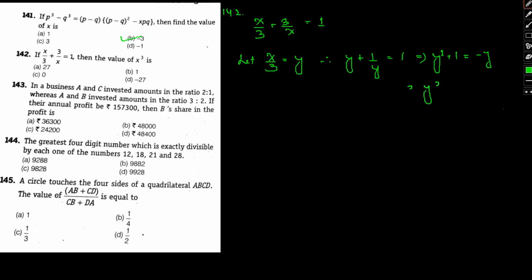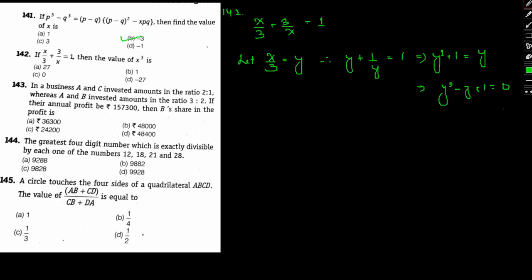Therefore y square plus y... oh no, not minus y, it's plus y only. Therefore y square minus y plus 1 equal to 0.